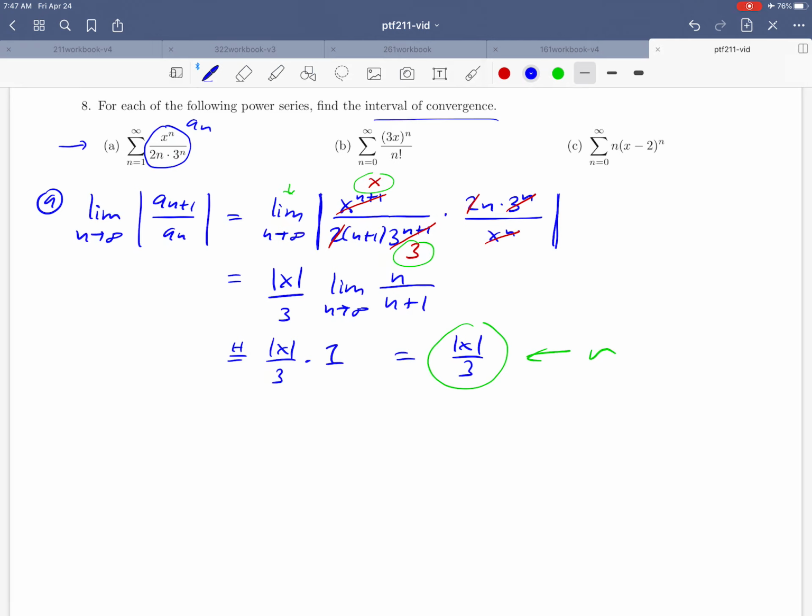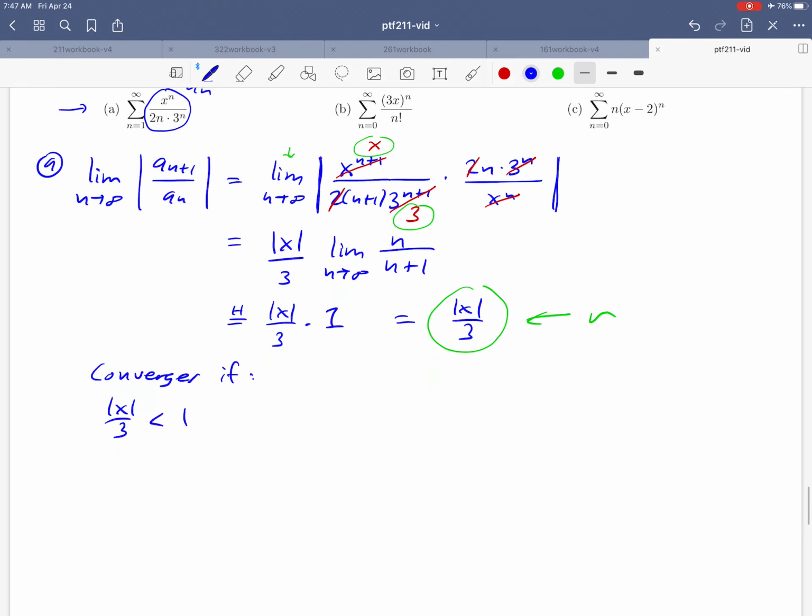We're interested in figuring out where our series converges. So we can think of it this way then. We need that value of r to be less than 1 for our series to converge. So it's going to converge if that r that we just calculated is less than 1. That's an inequality that we can solve for x to see where our series actually converges.